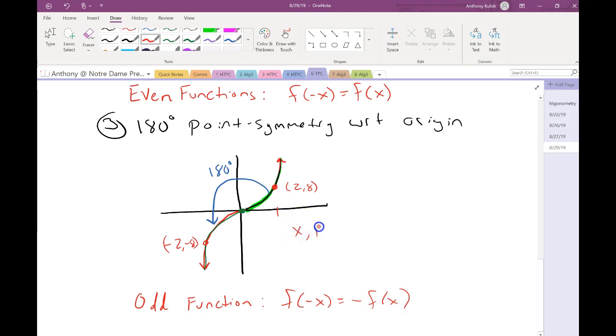Again, this is like my x comma f of x over here. This is my negative x comma f of negative x over here. So negative 8 should equal 8 when we make it negative, right? Does everybody kind of see that? Is still describing the same picture? Okay.